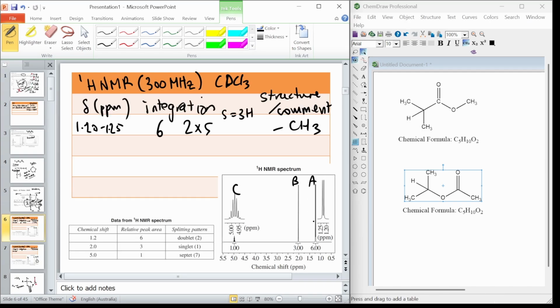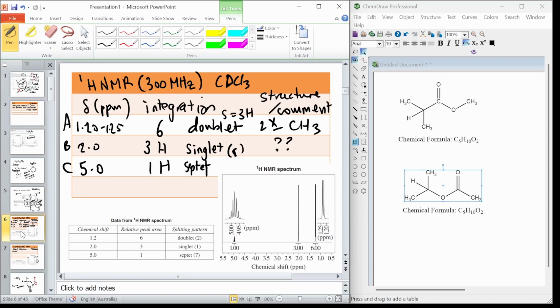Let's go to B. B is around 2.0. It has an integration of 3. C is a septet. Sept means 7. The most common example of a septet is a CH3 carbon, hydrogen. Okay, and let's put this as R. You have a mirror image, which suggests that the molecule is branched.